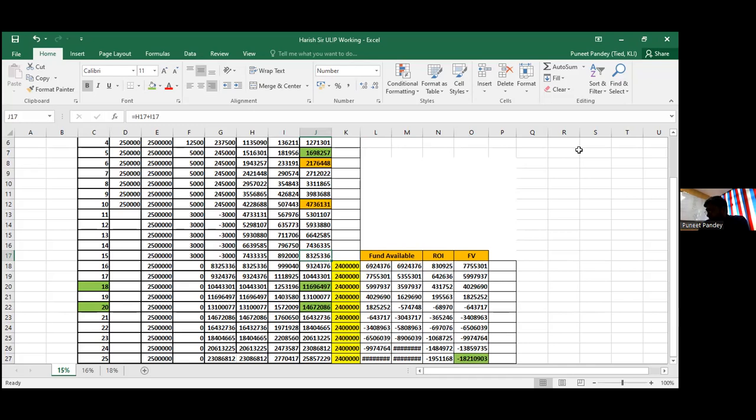Then in the 20th year, if he is not withdrawing the money, this 25 lakh rupees will become 1 crore 46 lakh rupees, sir.